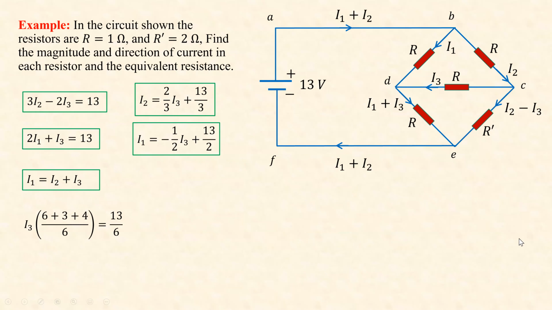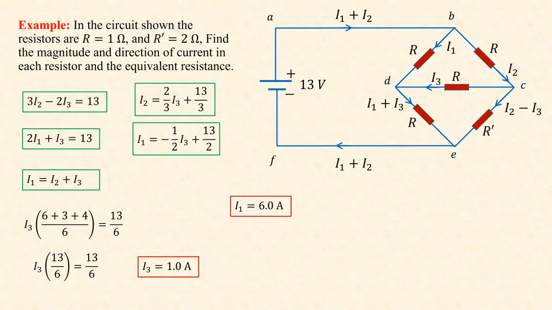So then we have that, and then we can solve for I3. You see, this happens to be 6 plus 3 plus 4 is also 13. So I3 times 13/6 equal to 13/6. So I3 is equal to 1 in amps. All right. And then if you put that I3 into this one, negative 1/2 plus 13/2, 13/2 becomes 6.5 minus half becomes 6 amps.